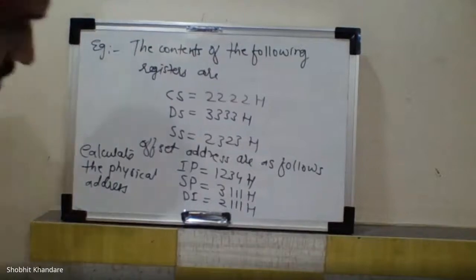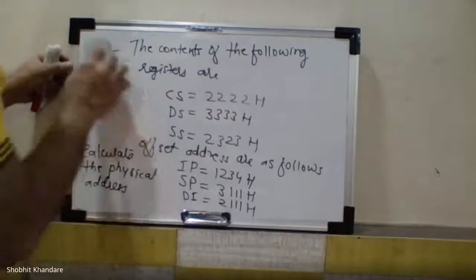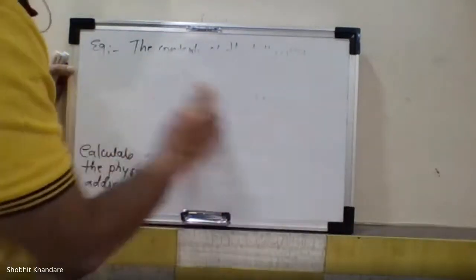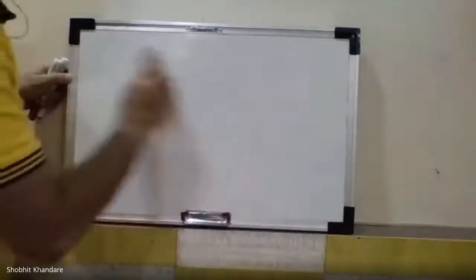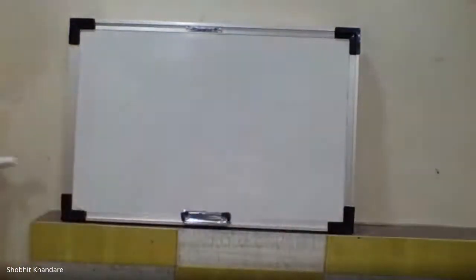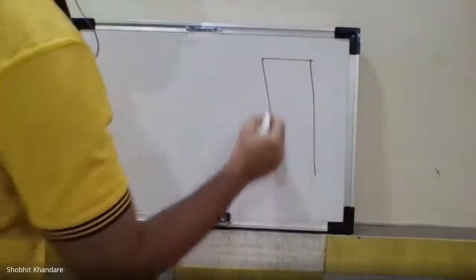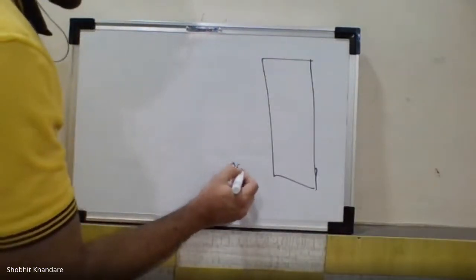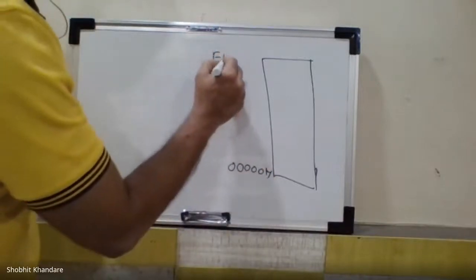Now, how do we get the physical address or the effective address? I have already told you about the physical address: if this is 1 megabyte of memory, the physical address range starts from 00000H to FFFFFH.